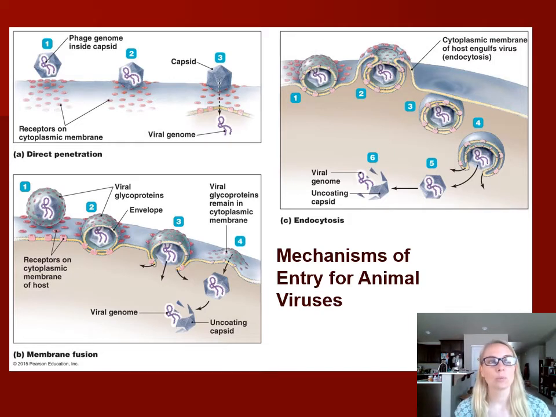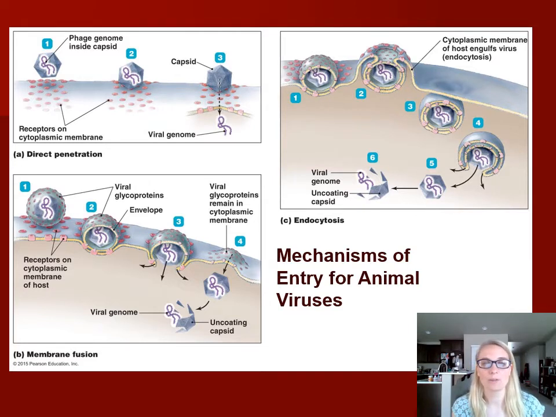Now, again, remember the virus has those two components, the protein coat and the genome. Really, the most important part of a virus is its genome, because it's the genome that needs to get into the host cell to make more virus. The capsid and the envelope are important for protecting the genome and for attaching it to the host cell, which is also very important.